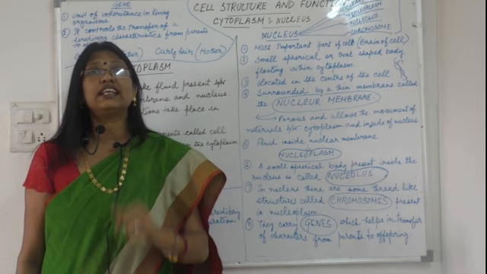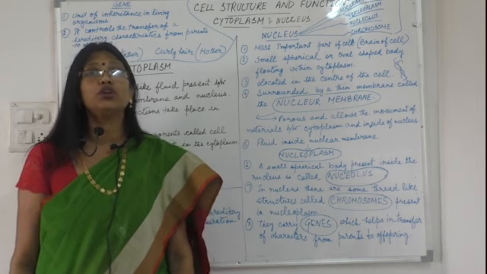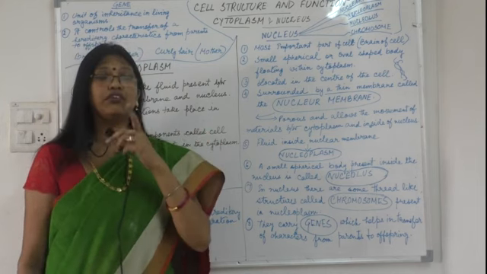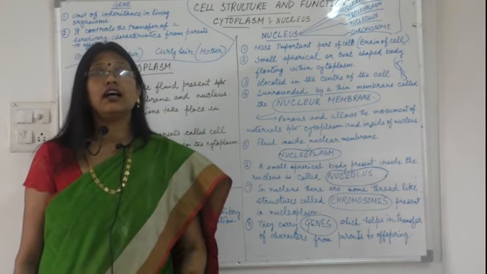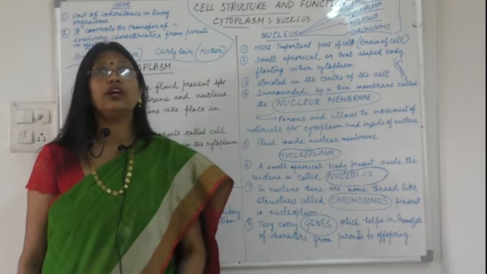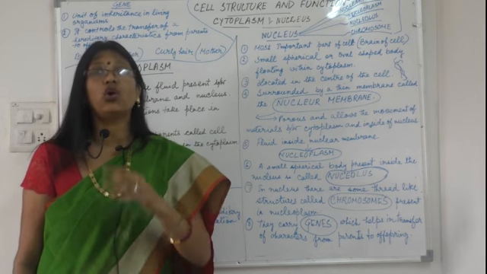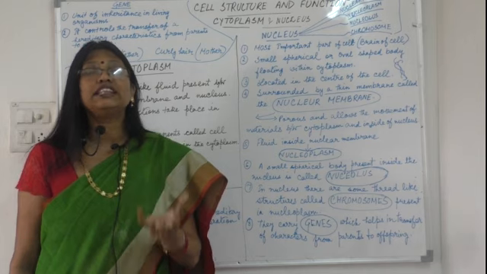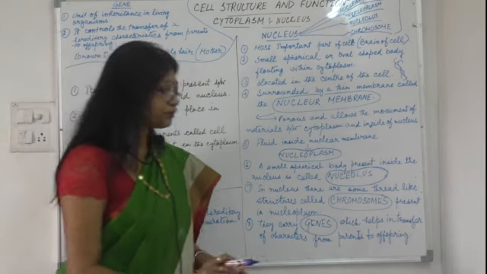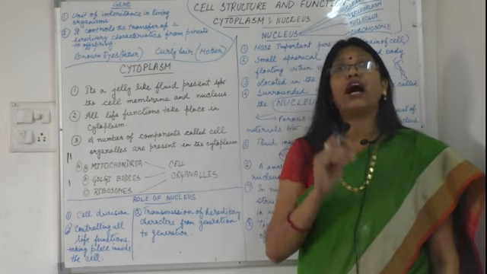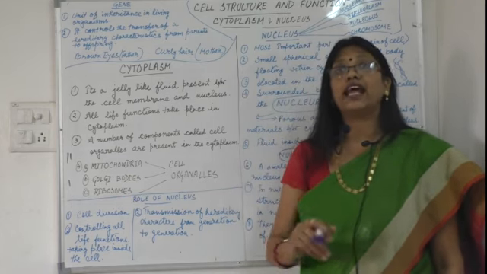And what is the importance of chromosomes? Chromosomes carry genes. You have heard about genes? Sometimes we say that you have got the gene of your father, you have got the gene of your mother. What is a gene? A gene is a very important part of your cell.